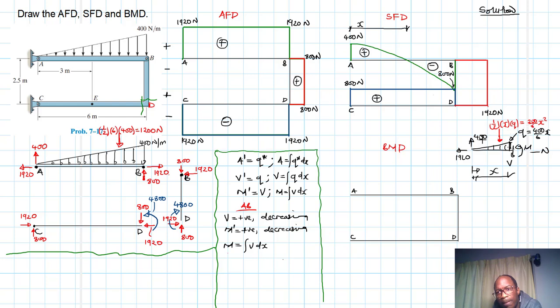So that is your equivalent force for the distributed load, which is going to be acting at a distance. What distance is this? This distance here.